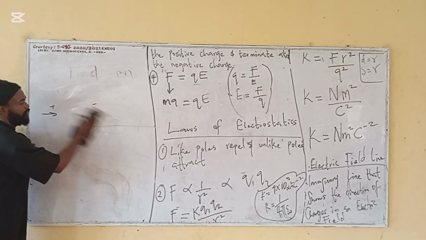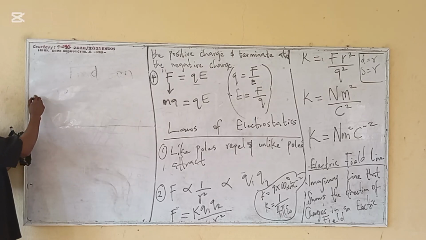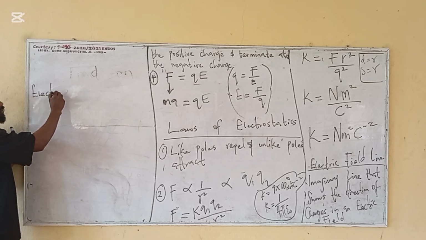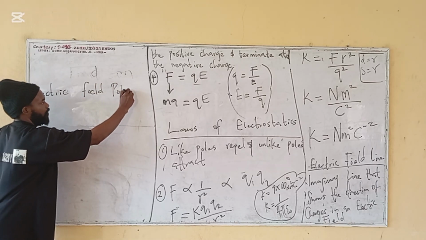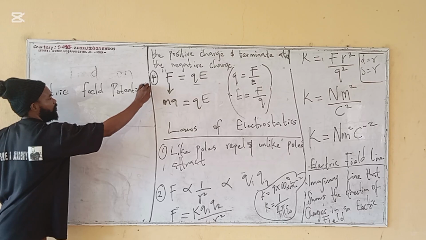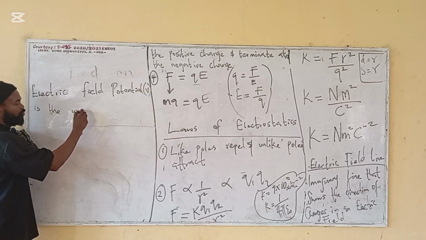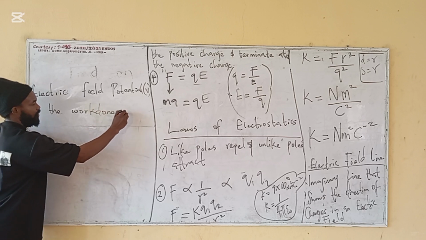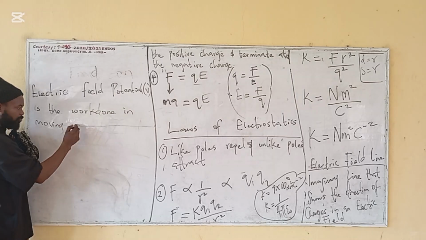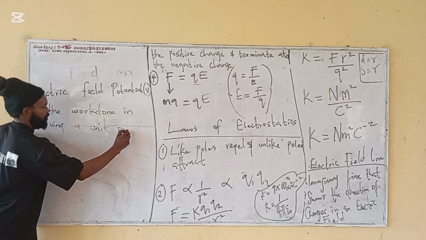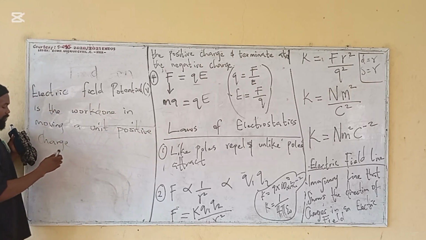So I said that electric field potential, represented with V, is the work done in moving a charge or a unit positive charge from one point to the other.